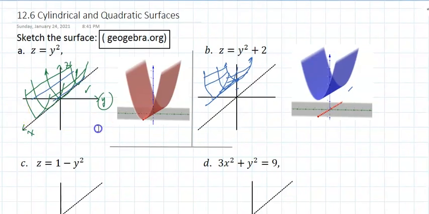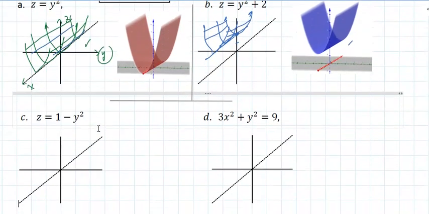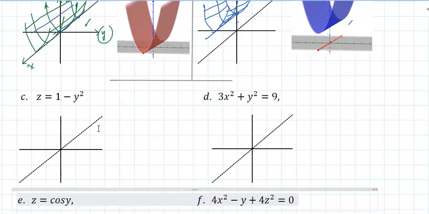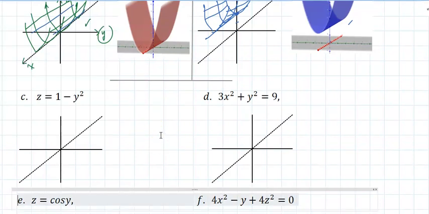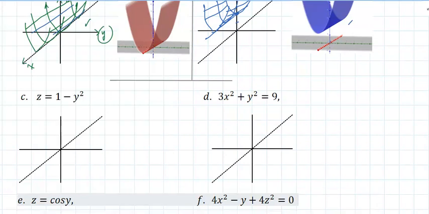And there it is. Now I want to go to z equal 1 minus y squared. So I know how that looks. That's like saying y equal 1 minus x squared. That's a parabola. If I go up 1 unit, it's going to be traced along z equal 1.